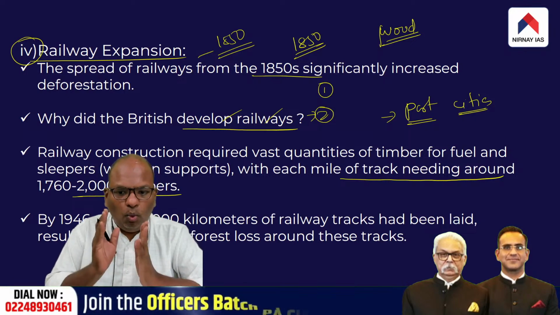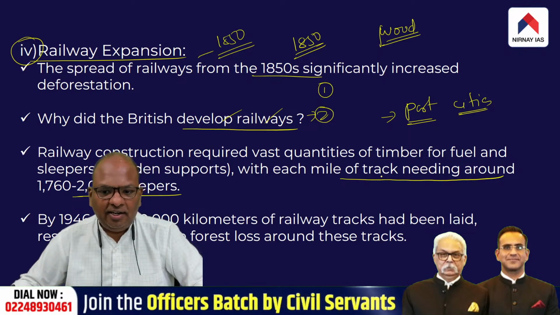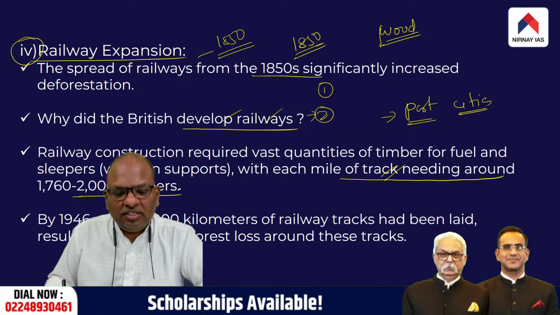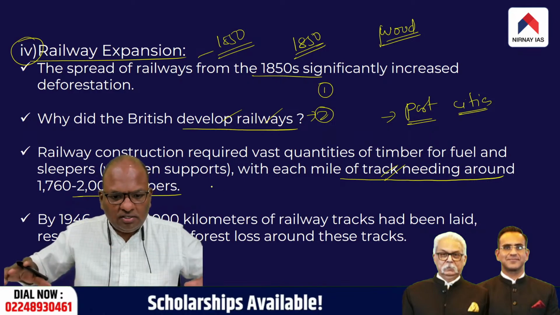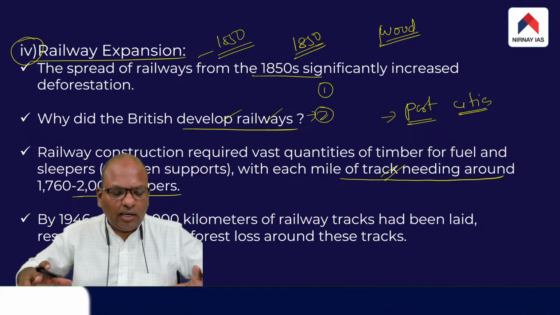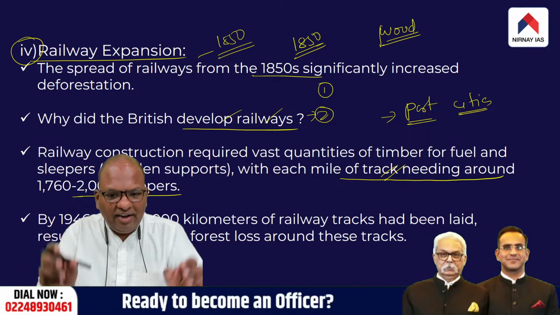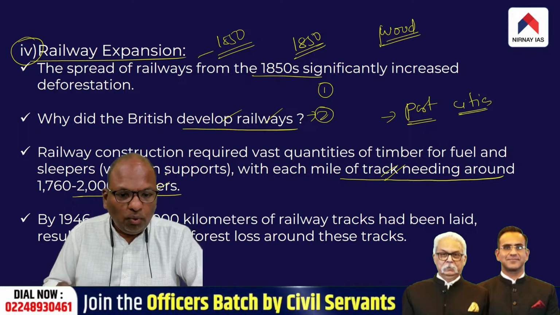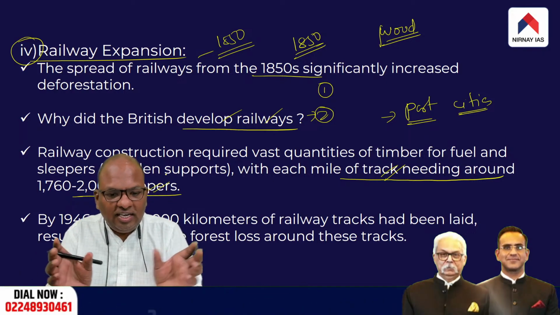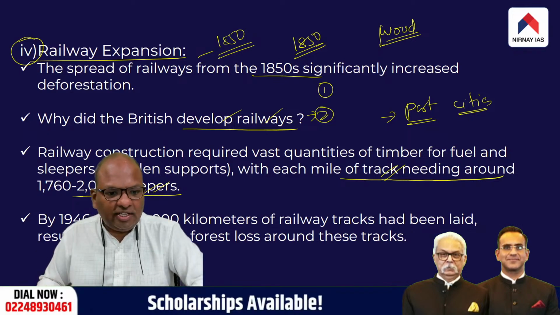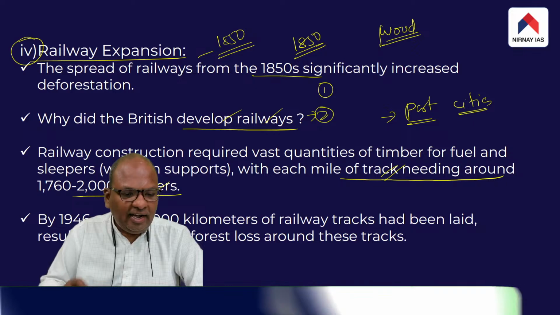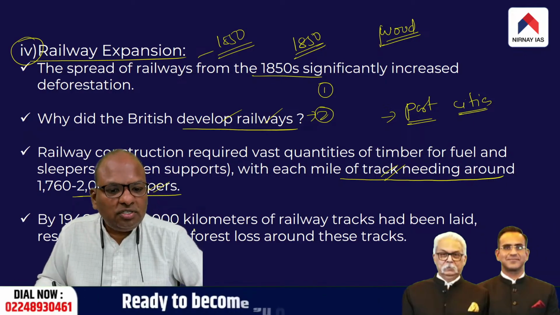To construct 1 mile of track, we need 2000 sleepers. Sleepers are the wooden logs that hold the railway tracks together. And to construct just a mile of the railway track, we need close to 2000 sleepers.